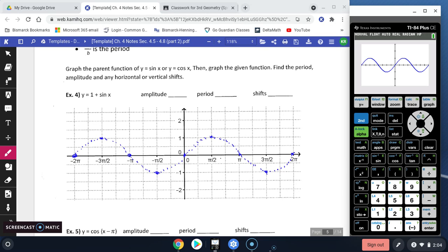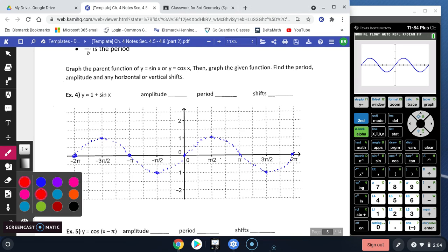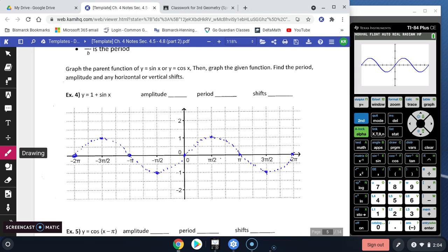Okay, well, let's look at, I'm going to mimic my colors, so red. Let's look at this equation and what changes have been made. Amplitude is basically the coefficient in front of the sine. For us, a is just 1, so the amplitude isn't going to change.